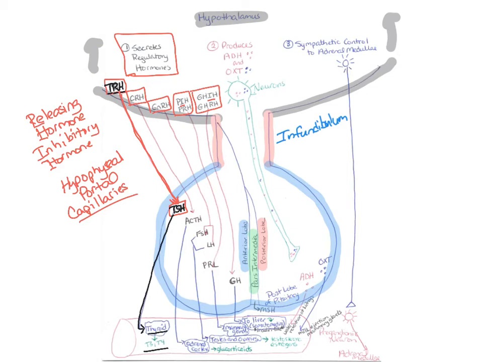We've got TRH getting released from the hypothalamus, causing TSH to be released from the anterior lobe of the pituitary, which finally makes its way to the thyroid so that the thyroid can release the thyroid hormones. There's a lot of regulation going on there. Next, let's look at CRH. This is also a hormone from the hypothalamus.